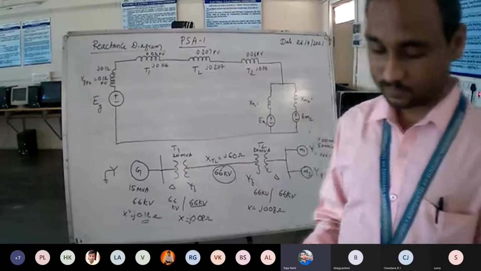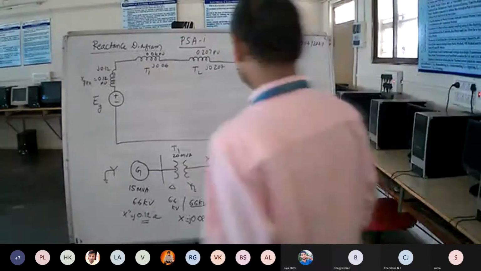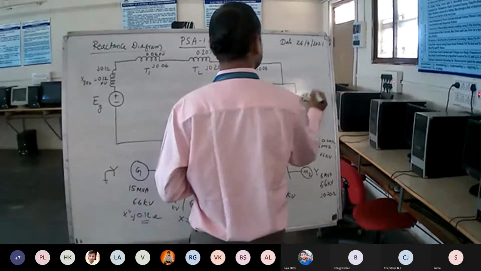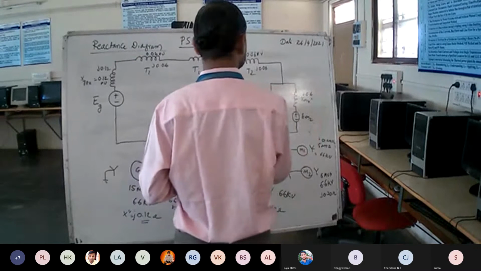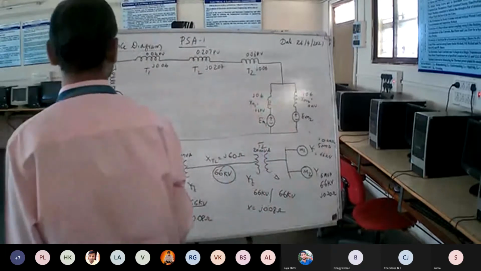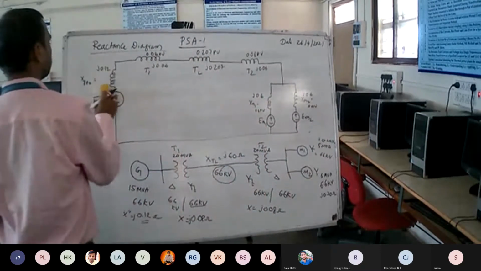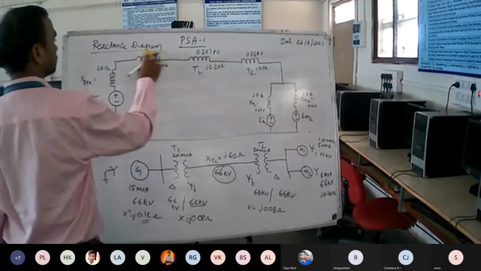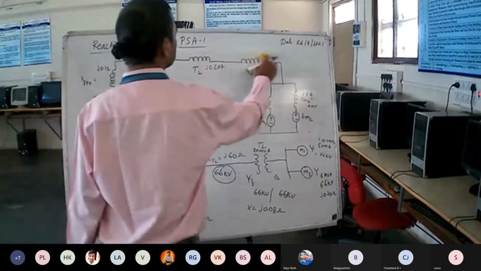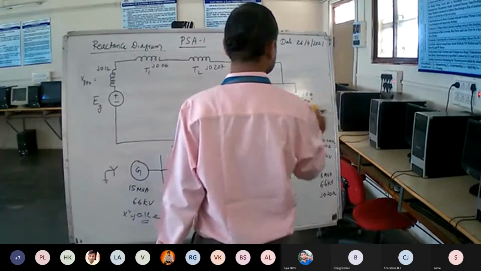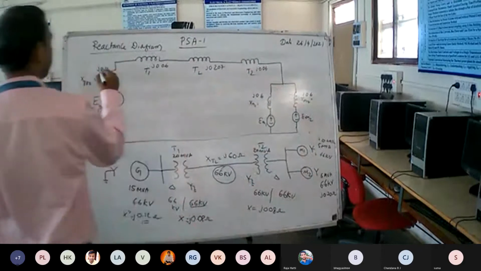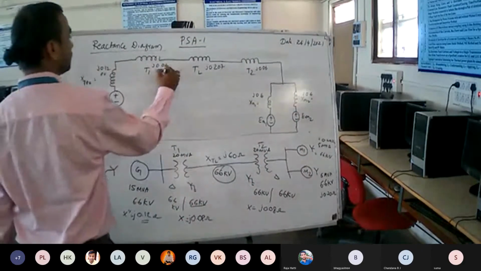J0.06, sir. So all are per unit values: j0.12 per unit, j0.06 per unit.